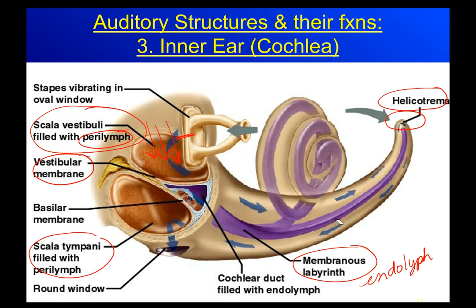Okay, so there is directionality to these waves. They go around this way. So why is there directionality? Well, you don't want sound waves bouncing back and forth like an echo.